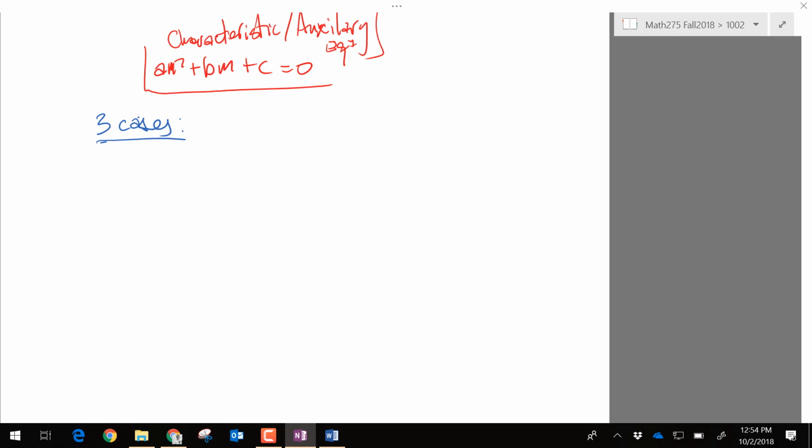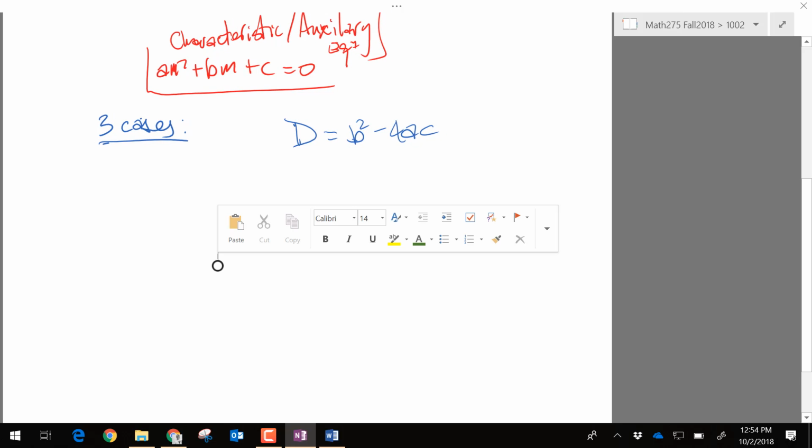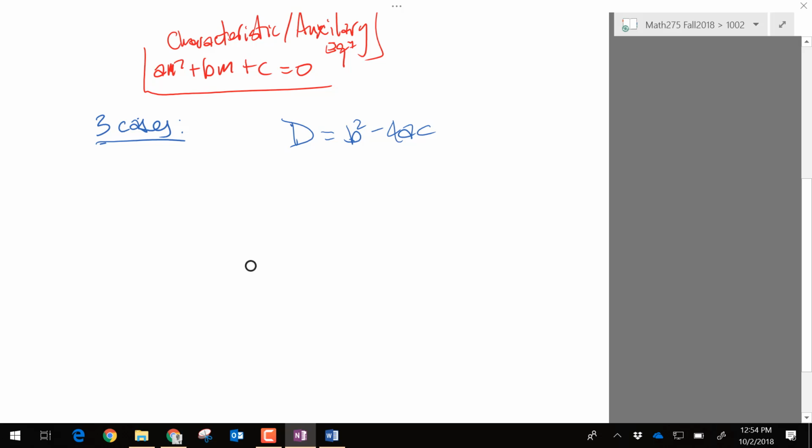So if your discriminant is positive, then you have this thing under the square root.